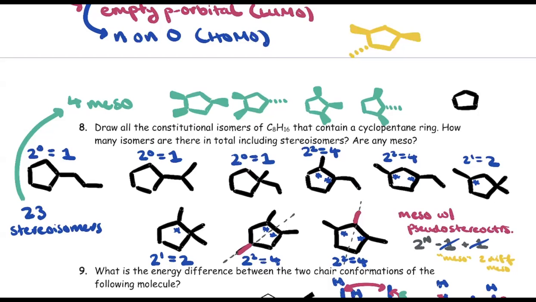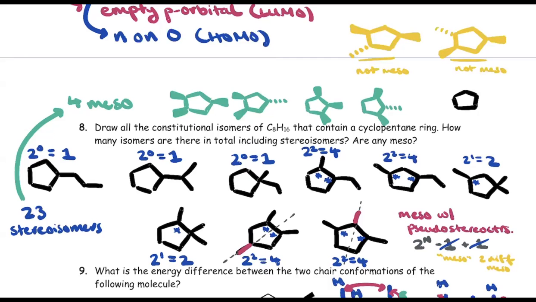Okay, and then this one, also this one. So these guys are not meso. And then the same applies for the other one as well. So of those 4 stereoisomers that you get, only 2 of them will be meso, not all 4. That makes sense? Yeah, thank you.